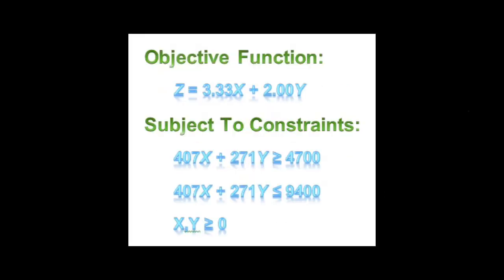Thus we have our constraints: 407x plus 271y is greater than or equal to 4,700, and 407x plus 271y is less than or equal to 9,400. And of course, our non-negativity constraint, x and y are greater than or equal to 0.